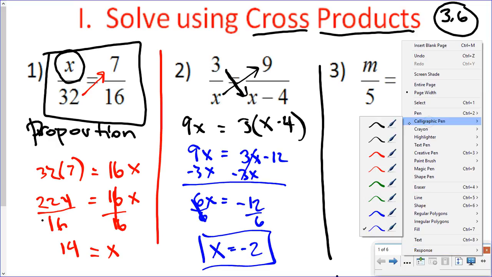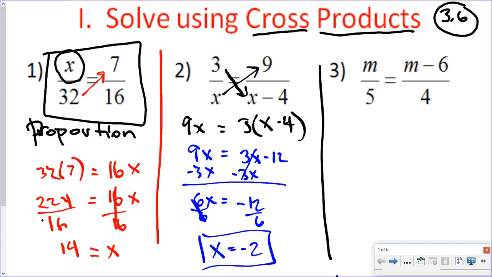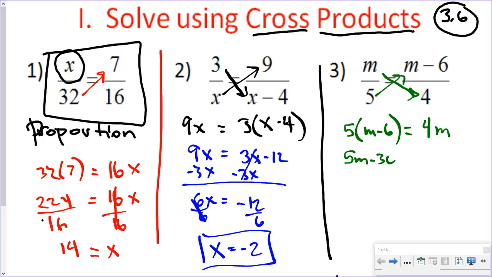One more. Let's go with green here. In order to solve this proportion, we'll do 5 times m minus 6 is equal to m times 4. So 5 times m minus 6 equals 4m. Not too bad. I'll distribute: 5m minus 30 equals 4m.